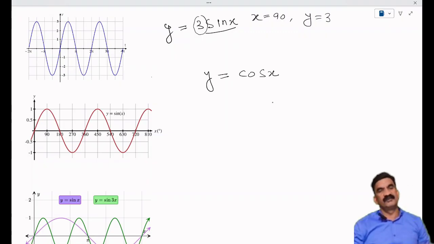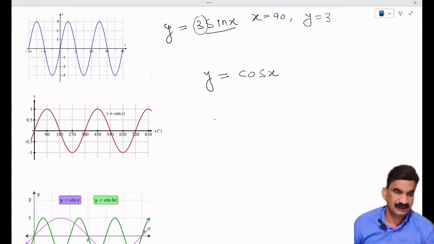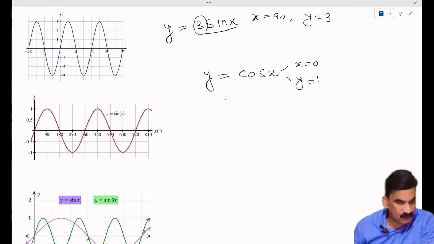How do I draw the graph of y is equal to cos x? I'm going to use my pen on the tablet. I'm not great at drawing, but I still will try. If you take x is equal to 0, y will be 1 and not 0. So if I draw axes, on this axis I have my amplitude, and on this axis I'll have angles, right?